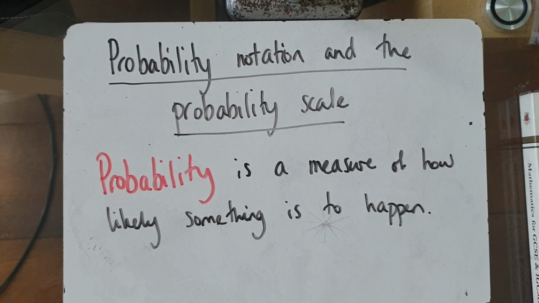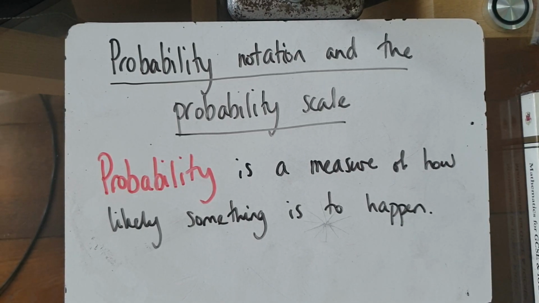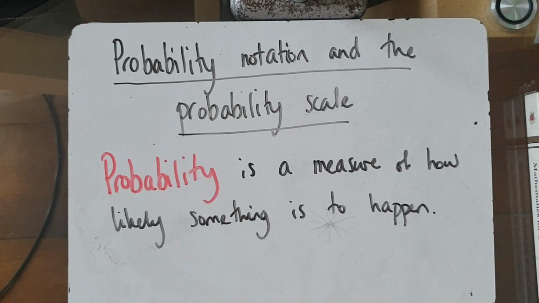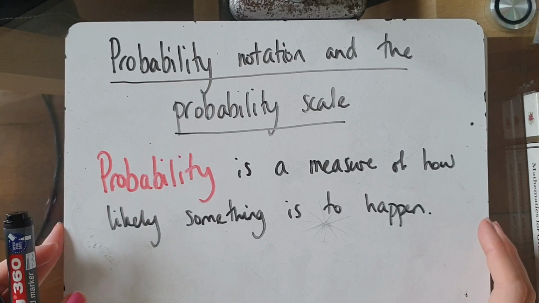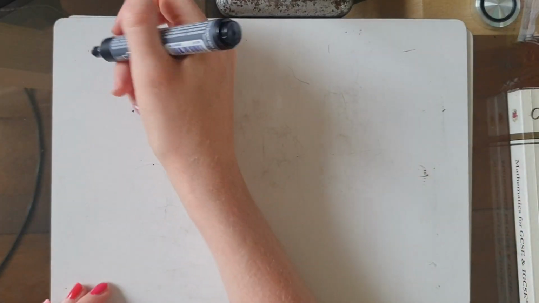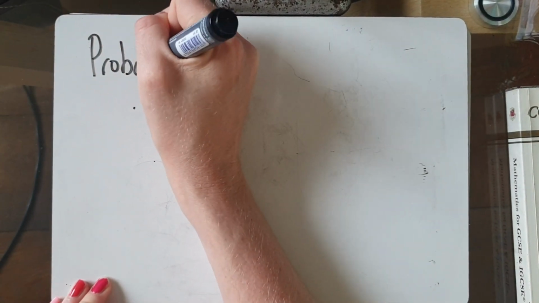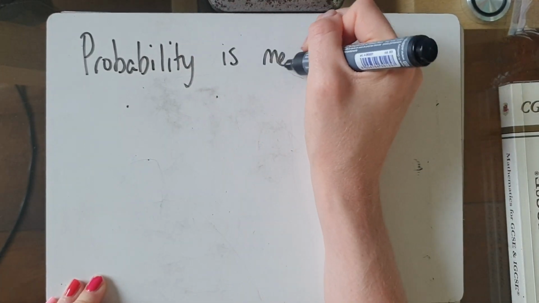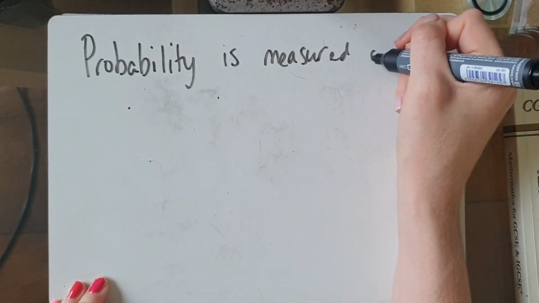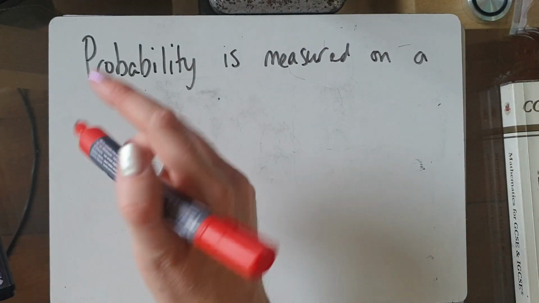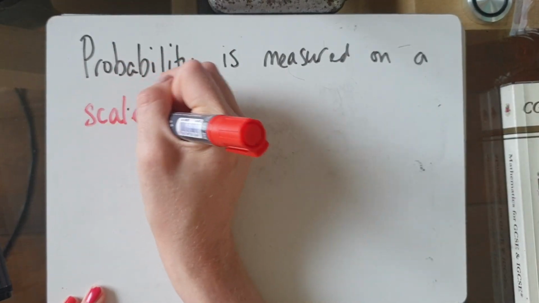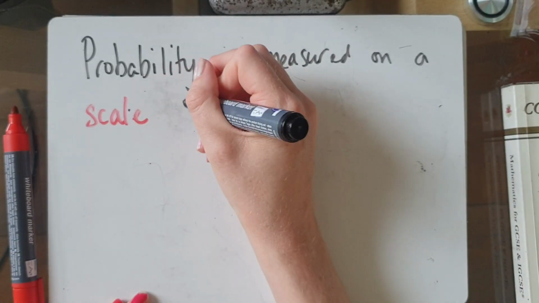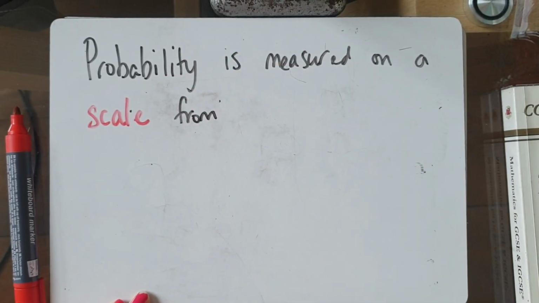Pause now if you want to have a think about what a probability scale might be. Make sure you've got this copied down. Pause the video if you need to. And we're going to say probability is measured on a scale which starts from, do you know?